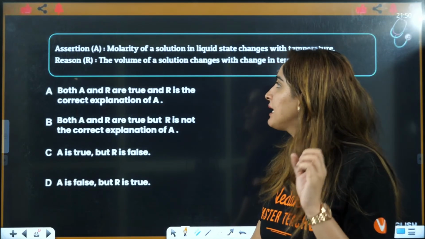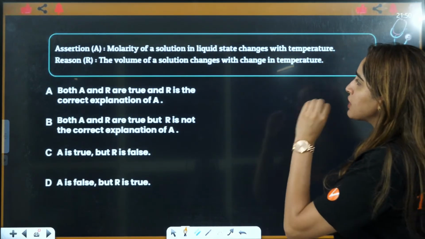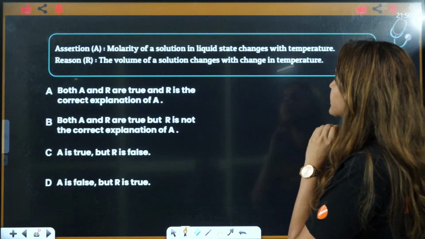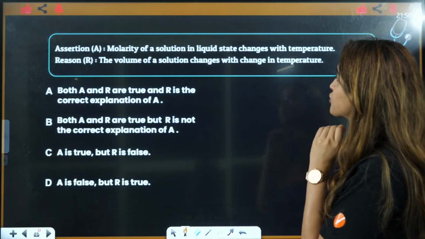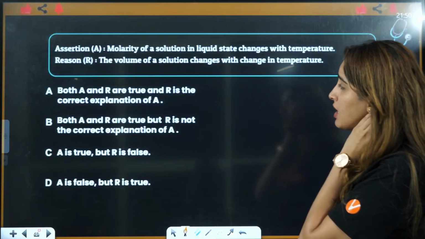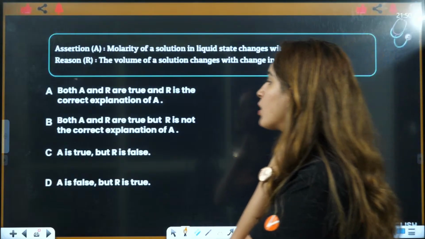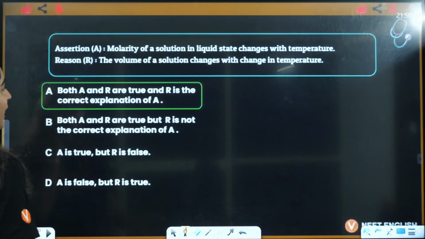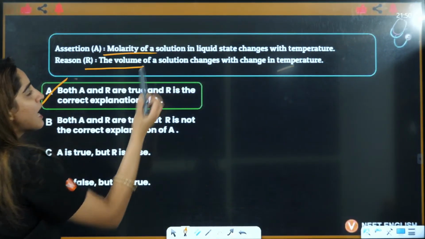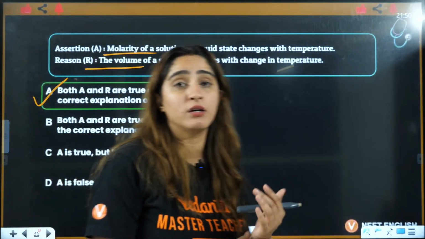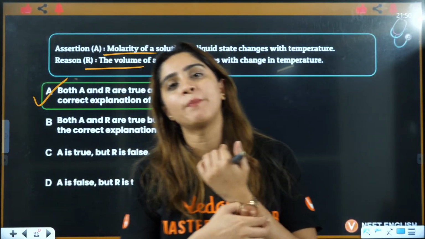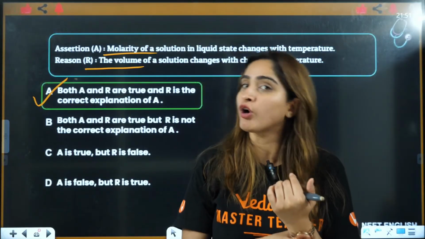Okay, yes. Molarity of solution in liquid state changes with temperature. The volume of solution changes with change in temperature. See, molarity changes with temperature and volume also changes. Both are correct and A is the correct explanation. As I told you, only those things that are dependent on volume are also dependent on temperature.